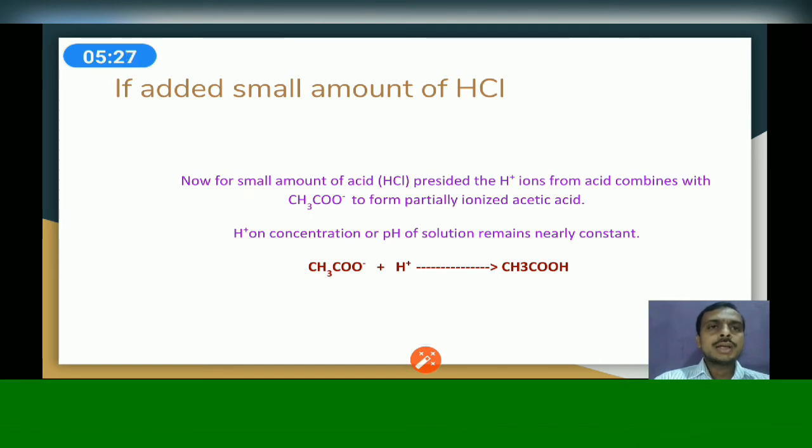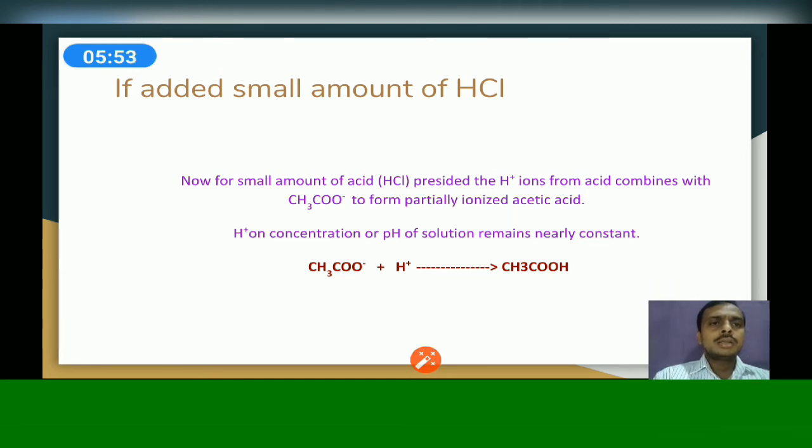Now, if we add a small amount of HCl, that is a strong acid, into the acidic buffer, how will this acidic buffer resist its pH, or maintain its pH constant? If we add a small amount of acid, the acid dissociates to form H plus and Cl minus.